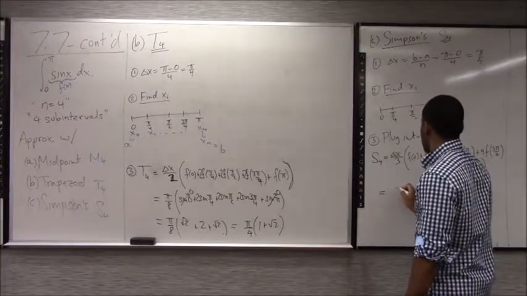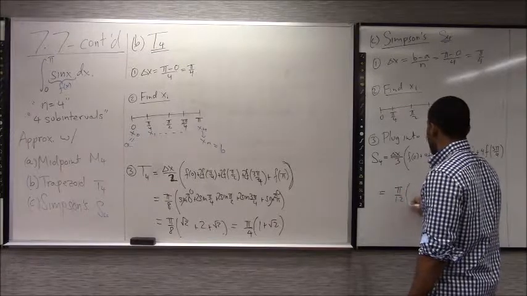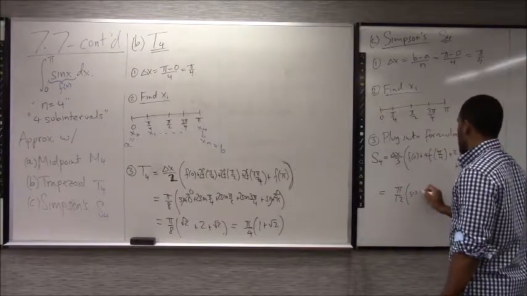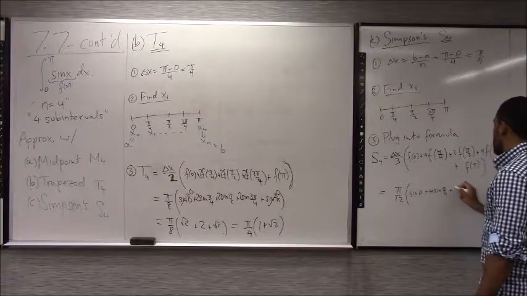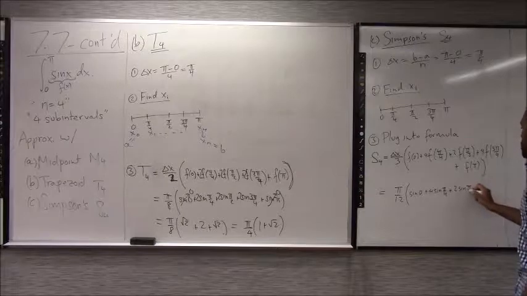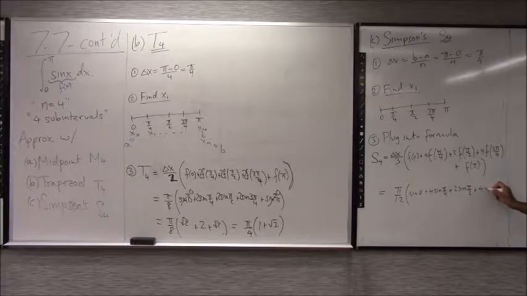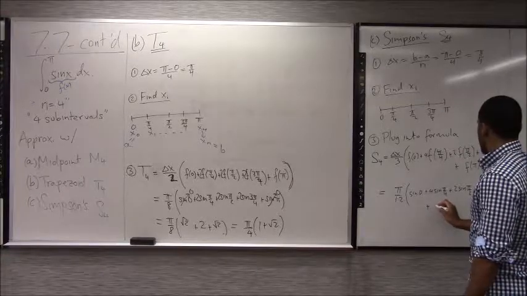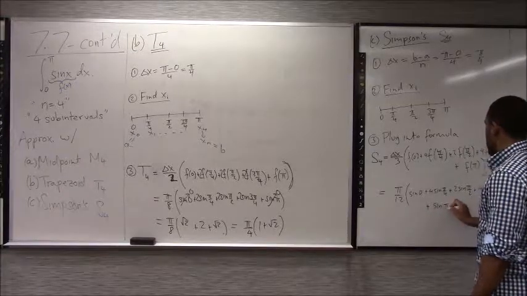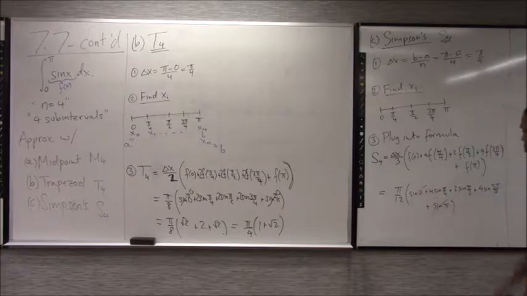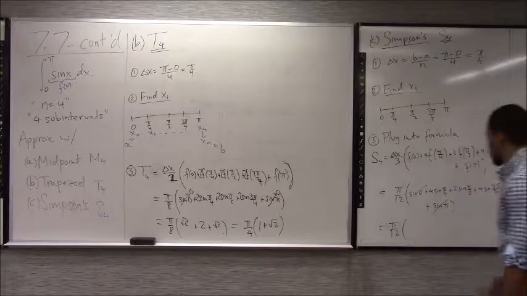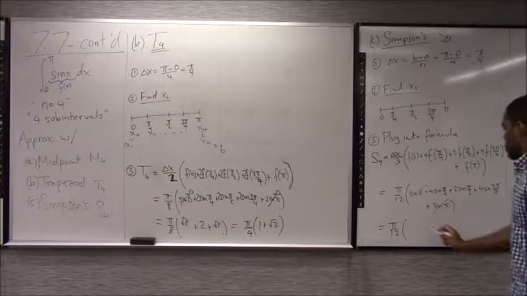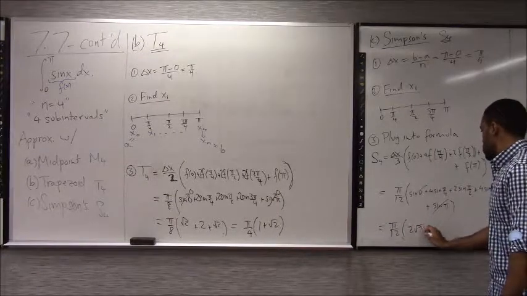This would give us pi over 12 times sine of 0 plus 4 sine pi over 4 plus 2 sine pi over 2 plus 4 sine 3 pi over 4 plus sine of pi. The first and last are 0, so this just becomes pi over 12. Sine of pi over 4 is radical 2 over 2, so that's just 2 radical 2.